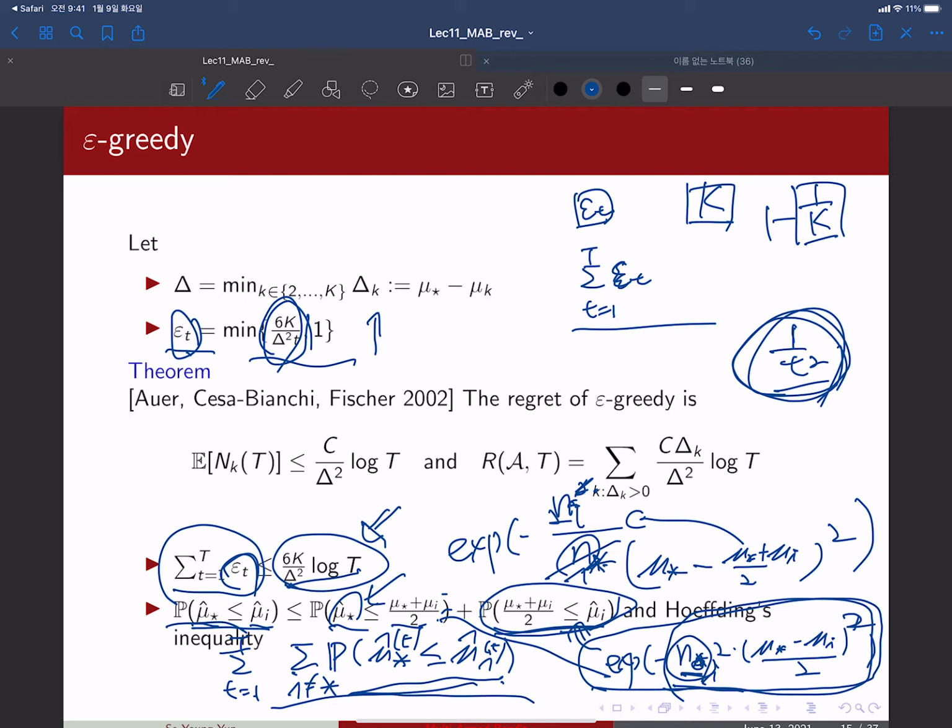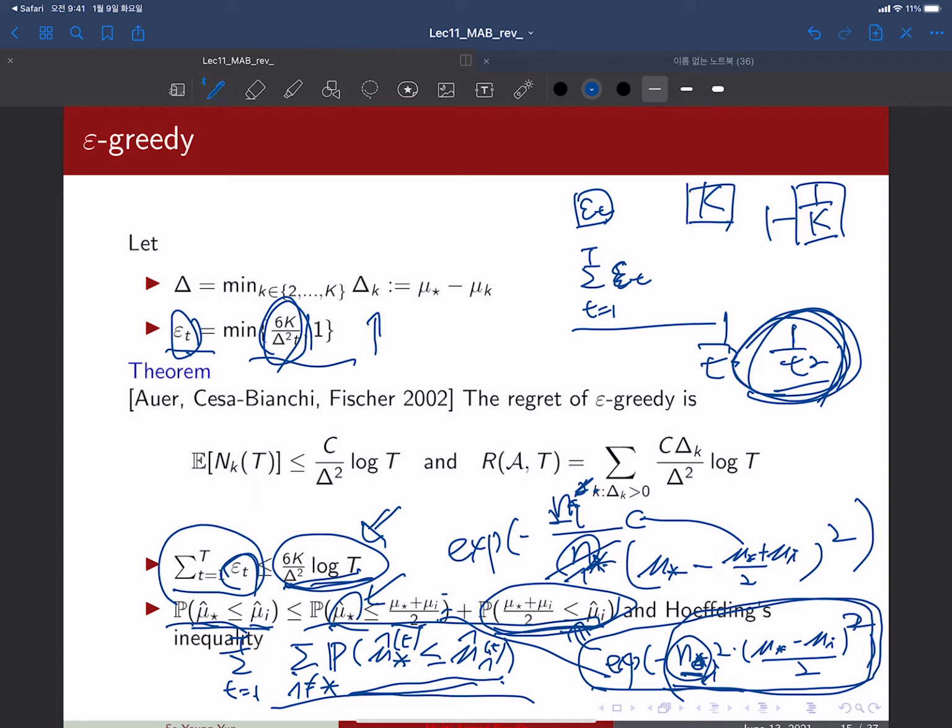So we may need to increase this epsilon t summation to guarantee a more dense, more well-concentrated result. If you want 1 over t cube, it's also fine. It is a very nice result for this summation of the concentration probability.